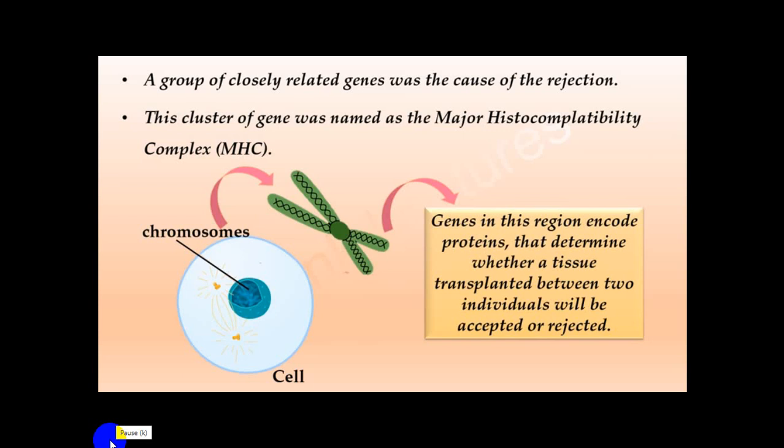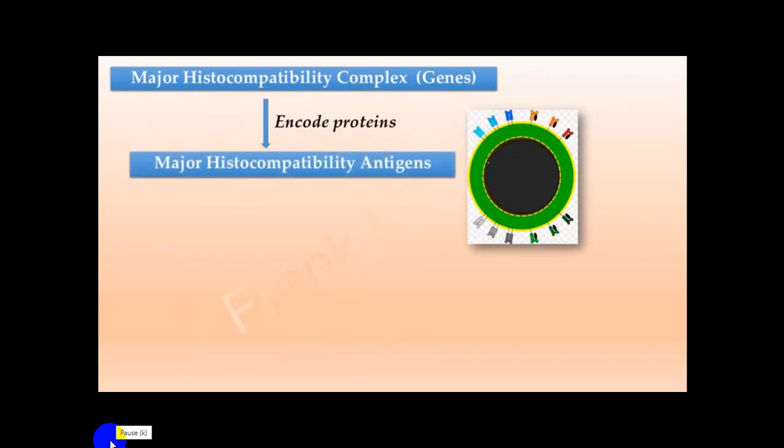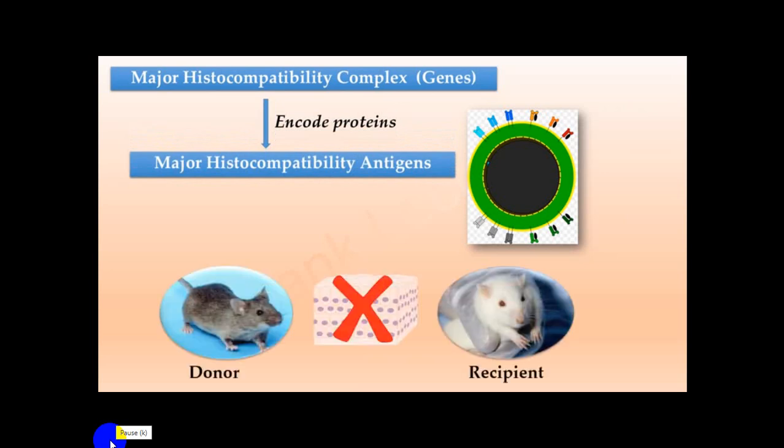So, it was discovered that these genes encode proteins which act as self-antigens on the surface of the cells. These proteins are known as major histocompatibility antigens. These antigens give the answer why rejection of the transplanted tissue happened.